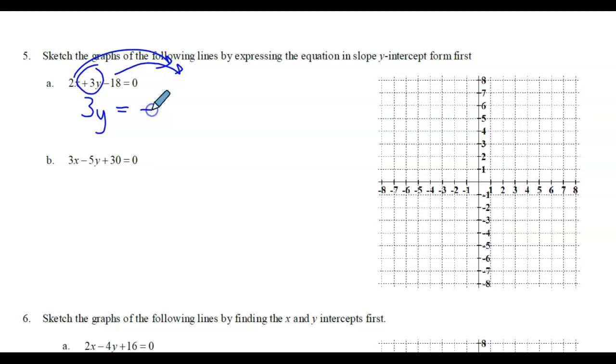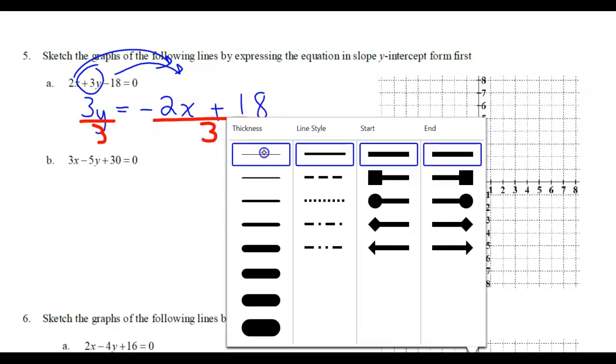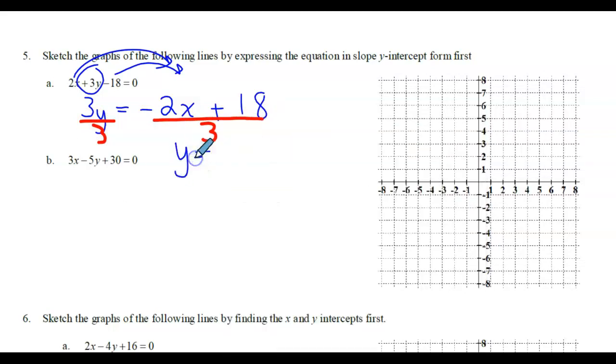So that's going to be negative 2x plus 18. But don't stop there. You've got to divide by 3. So when we divide both terms by 3, we get negative 2/3 x plus 6.